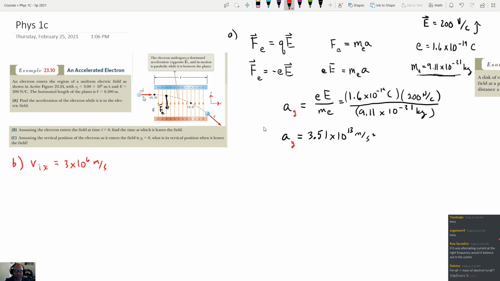Since the particle is entering with a velocity that's only in the x direction, and the force only acts in the y direction, that means that the particle will maintain this same x velocity as it moves through the field. So like you said, delta x is equal to the x velocity multiplied by the time. And we know delta x is L, and we want to find t, so we just divide by the x velocity. That should give us the time.